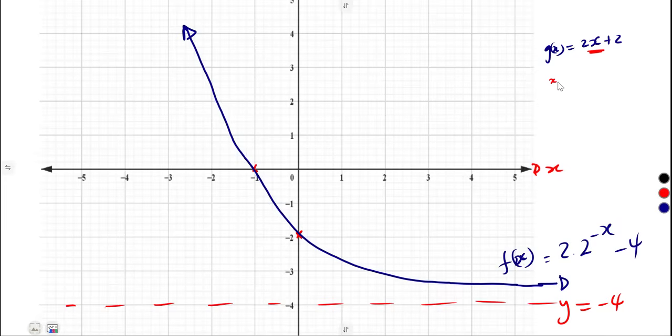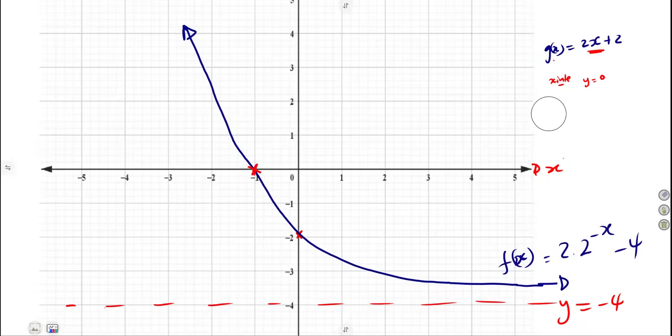Remember, we're just going to need the x-intercept, where y is equal to 0. So 0 is equal to 2x plus 2. Minus 2 is equal to 2x, divided by 2 on both sides. So x is equal to negative 1. So that's our x-intercept, negative 1.